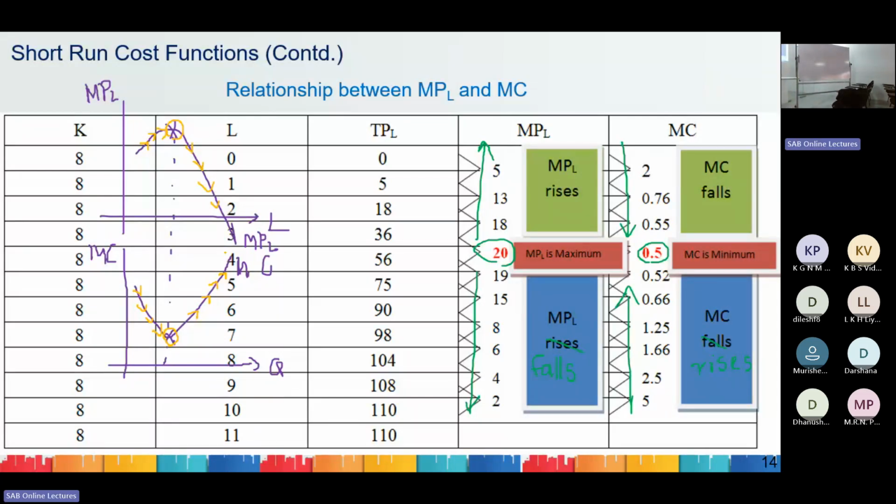If you draw them together, one below the other, marginal product of labor, maximum here. Average variable cost for average marginal.